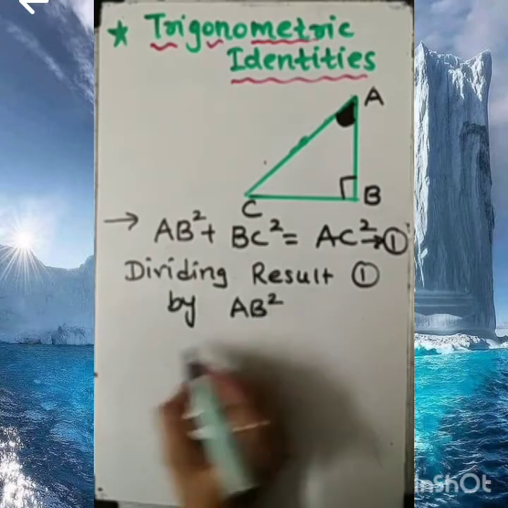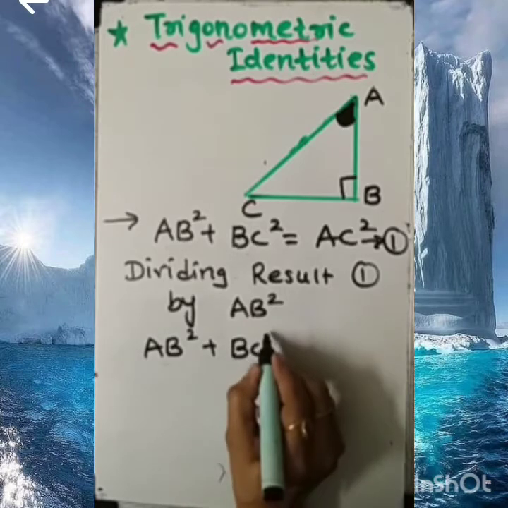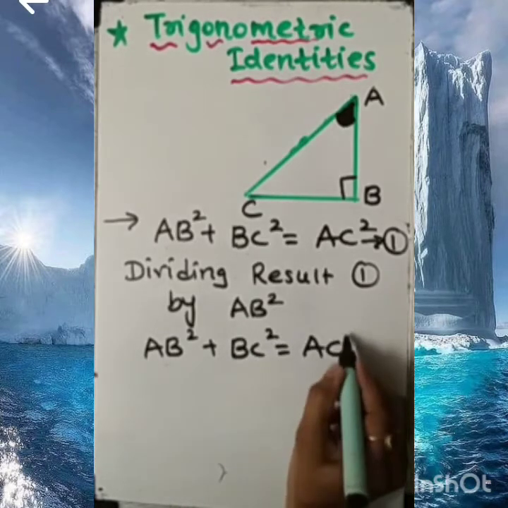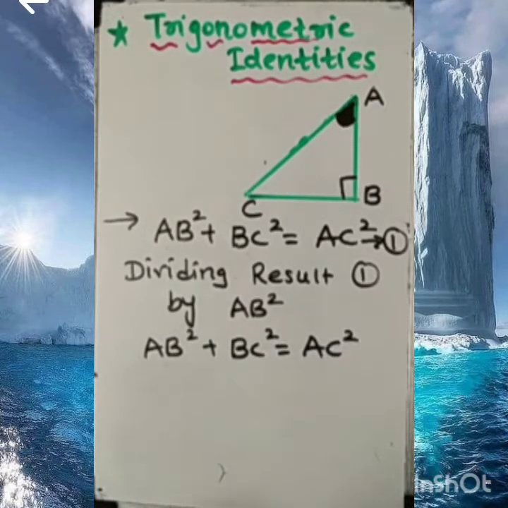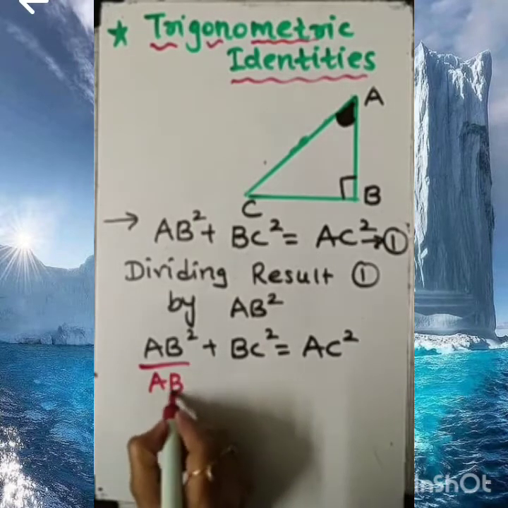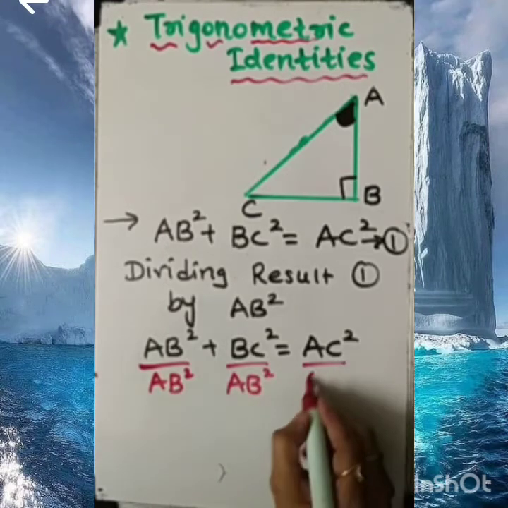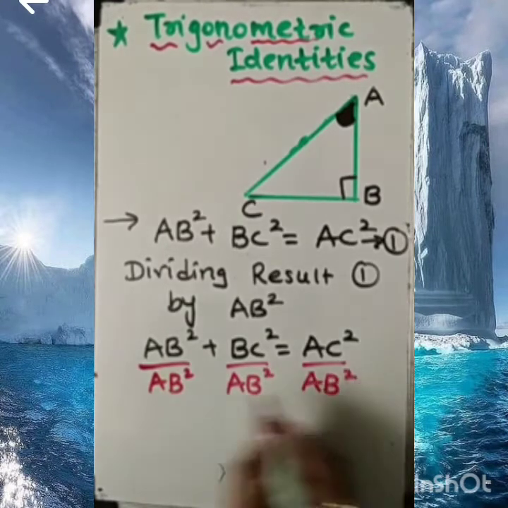Let's see, if I divide it by AB square, what are the possibilities? Which type of result should we have? So here I am dividing this by AB square, this is also AB square, and here also I am dividing by AB square.